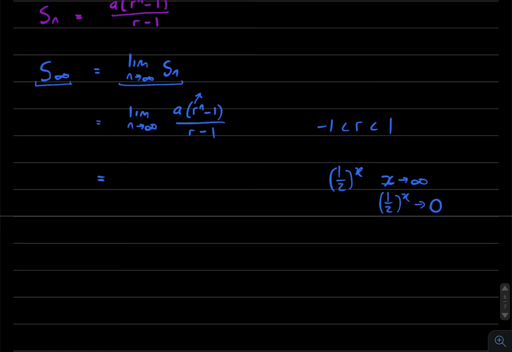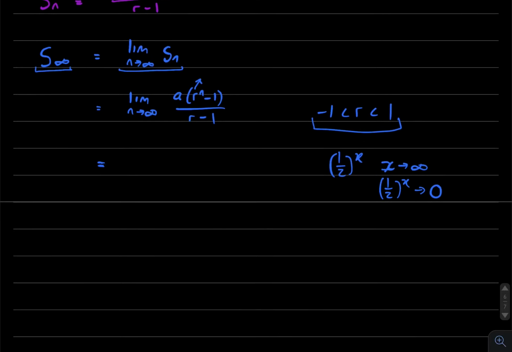So it's the same here. Remember that r is a fraction because it's between -1 and 1. It's less than 1, so it's a fraction. So as n gets bigger and bigger, r to the power n will get smaller and smaller. So r to the power n should approach 0 as n goes to infinity. So this will be equal to a times 0 minus 1 divided by r minus 1.